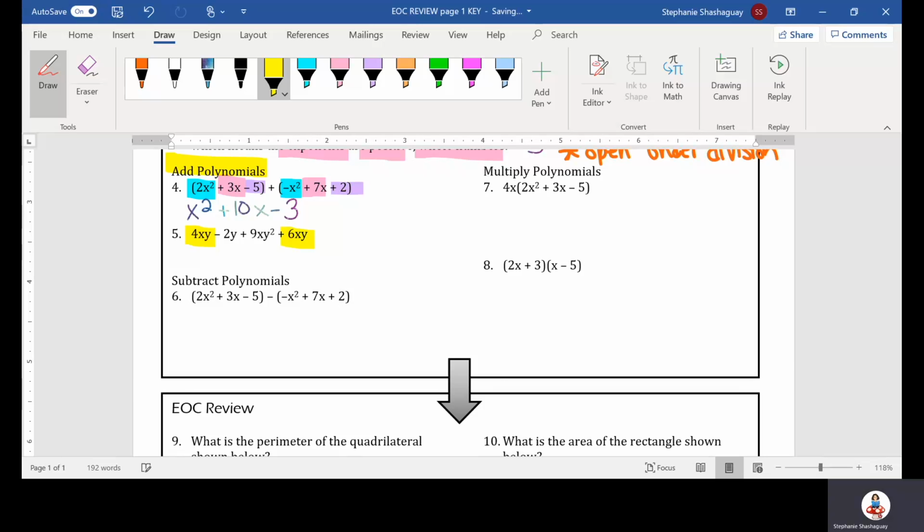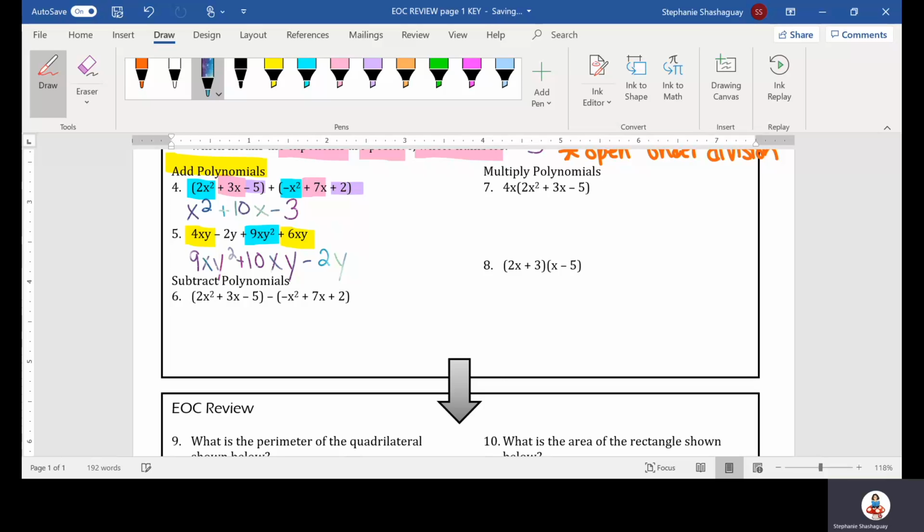So 4xy plus 6xy, I'm going to get 10xy. I'm going to put this 9xy squared first because it needs to be in degree order. So I have 9xy squared plus 10xy minus 2y for number 5.